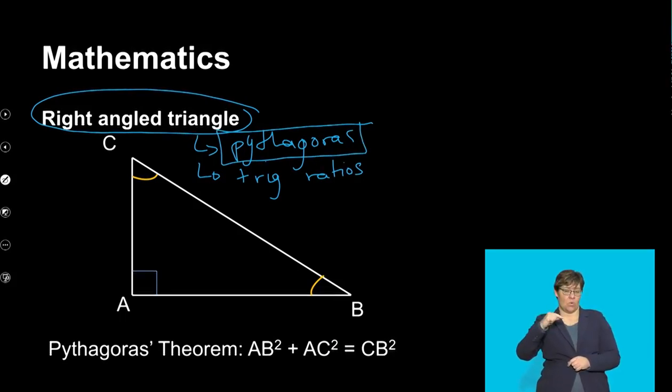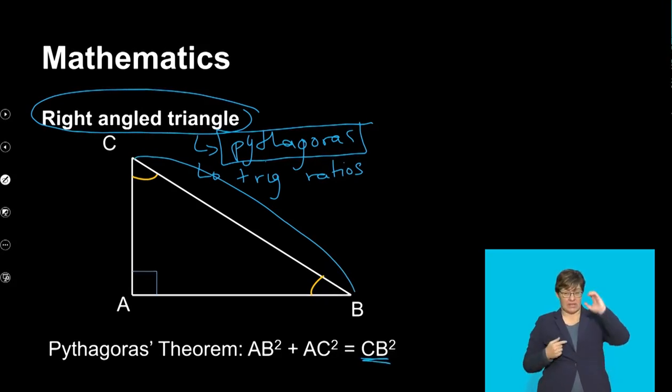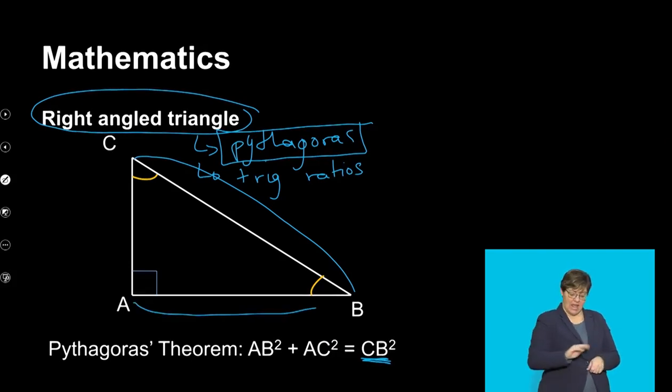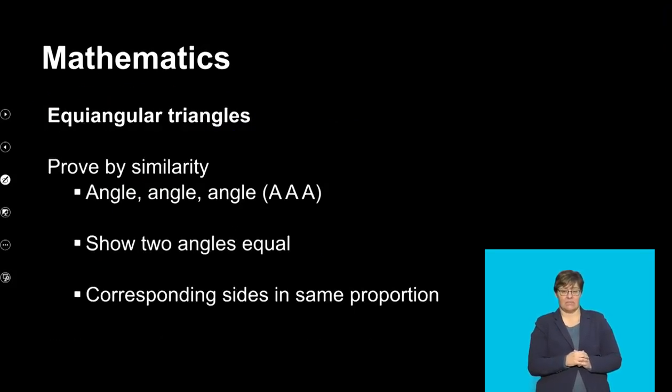Now, the Pythagoras theorem here will say the square of the hypotenuse side is equal to the sum of the other two squares, right, added together. So this is the hypotenuse side, which is my longer side, squared. This is equal to AB squared plus CA squared, or AC squared.